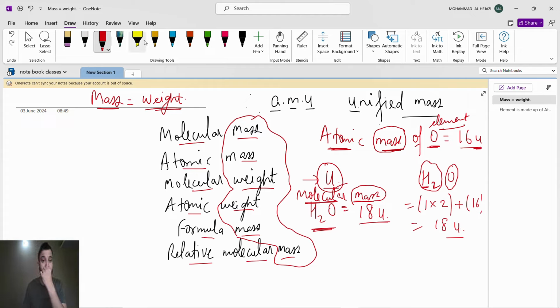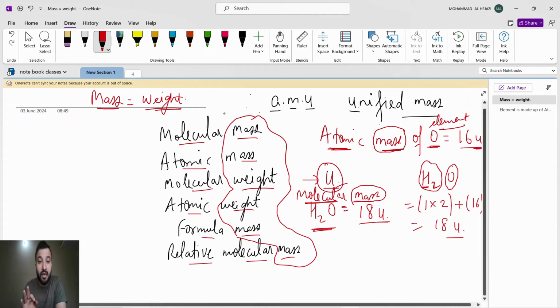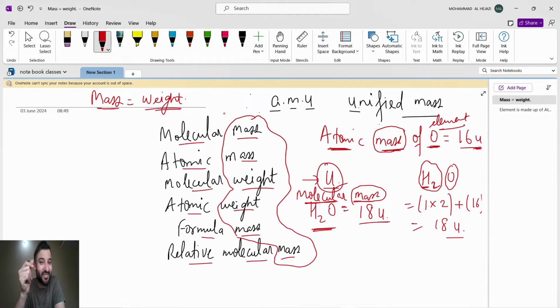But guys, here, if we have to find the same thing in gram, if you remember the definition I gave you, if atomic mass is expressed in gram, it is gram atomic mass. Suppose now everything we are going to express in gram.